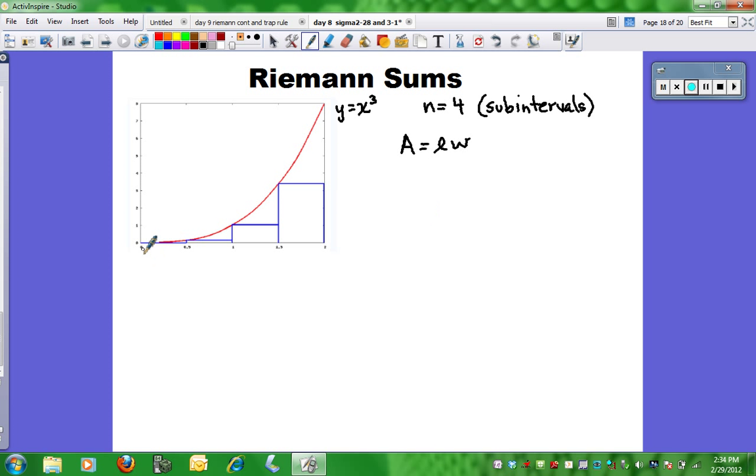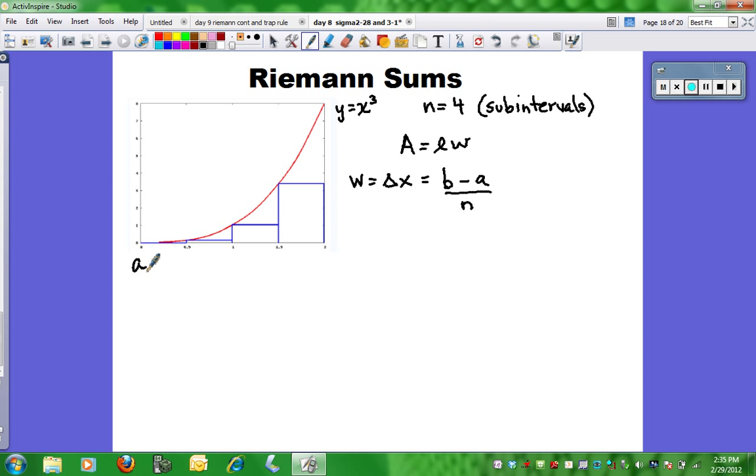Our width is going to remain the same throughout our problem, but we have to come up with a formula for that. So our width is equal to what we call delta x, and the formula we use for delta x is b minus a over n. You ask, what is b and a?